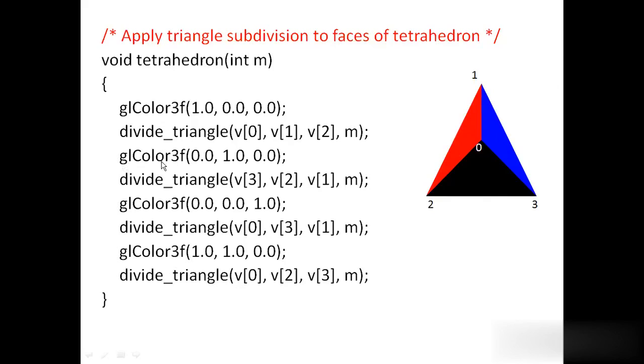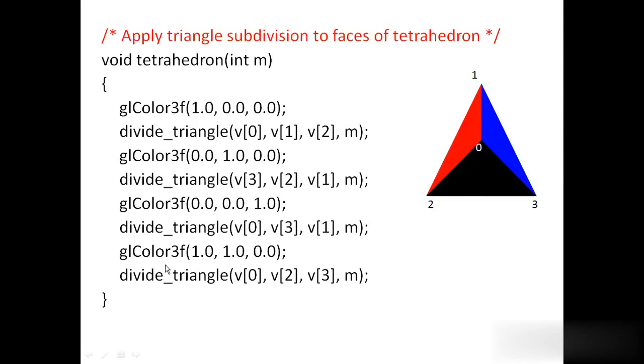So the vertices 0, 1, 2 will be enabled, along with the number of divisions that we have considered. In the same way, the second face, which is a backside face, is not visible. So I'm calling divide triangle with vertices 3, 2, and 1. It is a behind face.